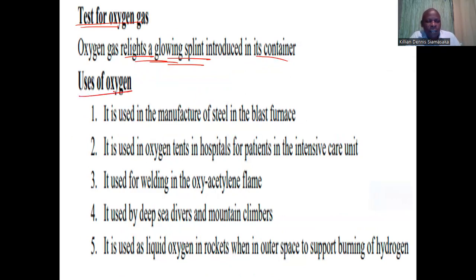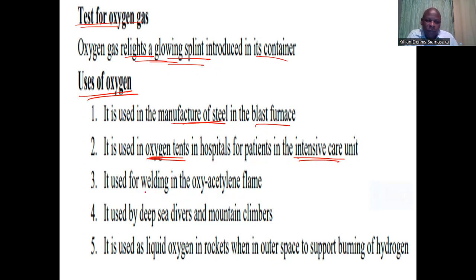Oxygen has vast uses in the value chain. You can use it to manufacture steel, especially in the blast furnace where iron is manufactured. It is also used in hospitals where it is given to patients who do not have enough oxygen and require oxygen delivered externally.